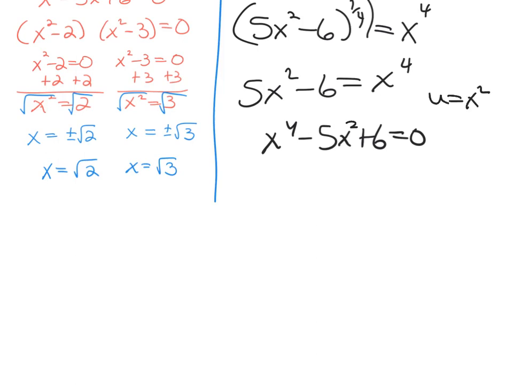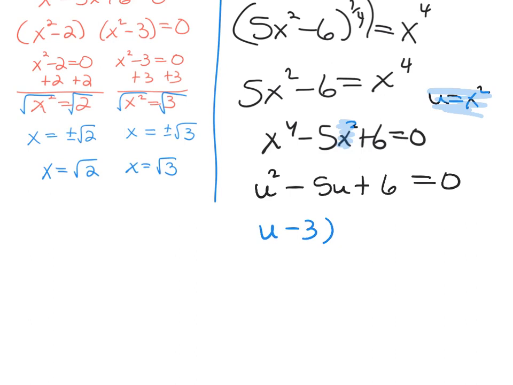And again, I would factor this into u squared minus 5u plus 6 equals 0. So again, the variable that's in the middle is what you're setting u equal to. So then factor it the same way. U minus 3, u minus 2. Set each factor equal to 0.